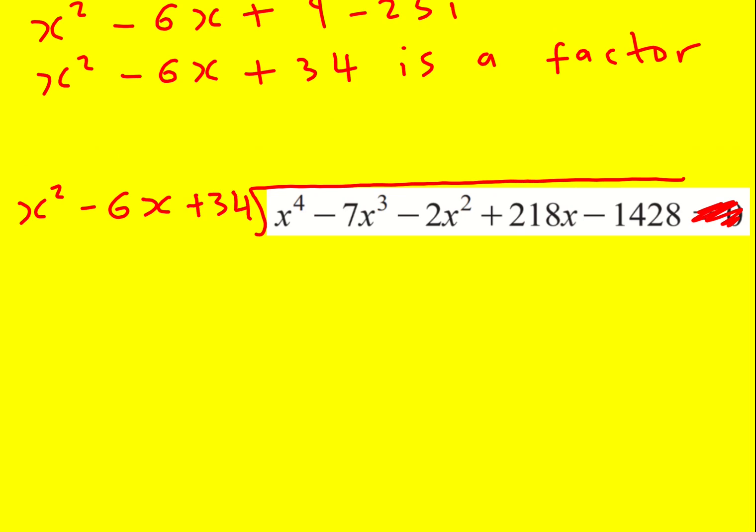So now we do a long division. Of course, you can do it by inspection or other methods, but I'm going to do long division here. Here goes then. So x squared into x to the 4 gives me x squared.